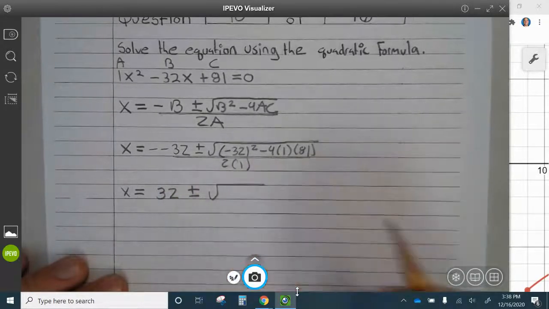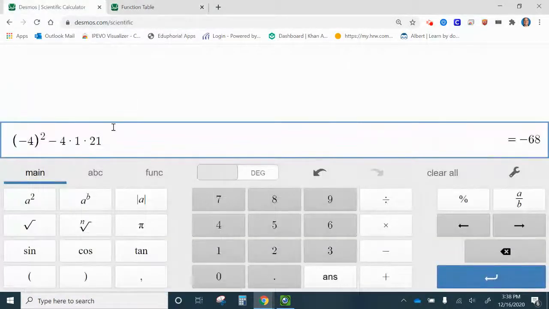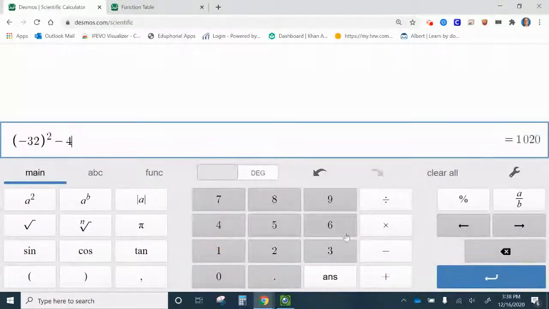Let's go ahead and put that in decimals, okay? And we're only going to put in the discriminant. So parentheses, negative 32 squared minus 4 times 1 times 8 is 992.